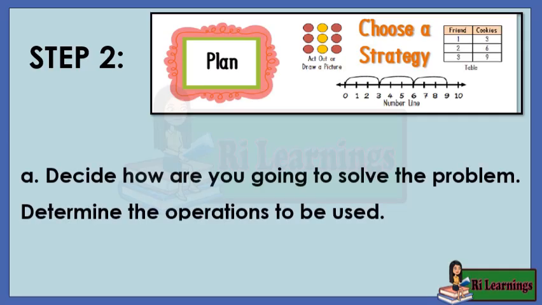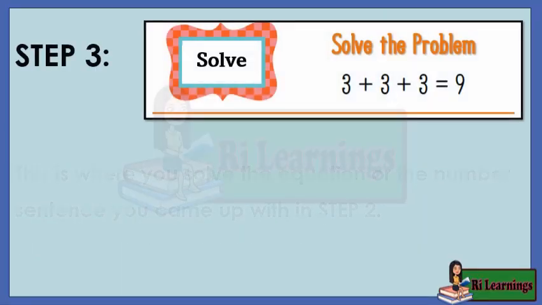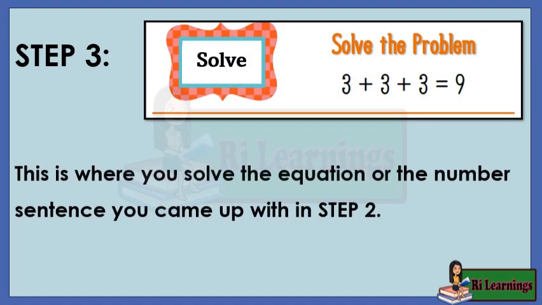Step 2. Plan. A. Decide how you are going to solve the problem. Determine the operations to be used. B. Write the number sentence. Express the information given in the problem as mathematical equations. Step 3. Solve.